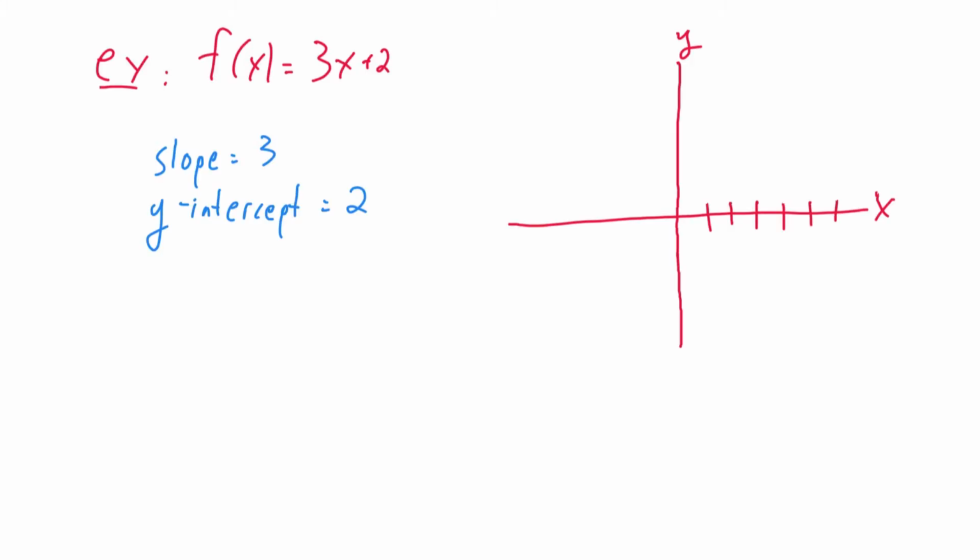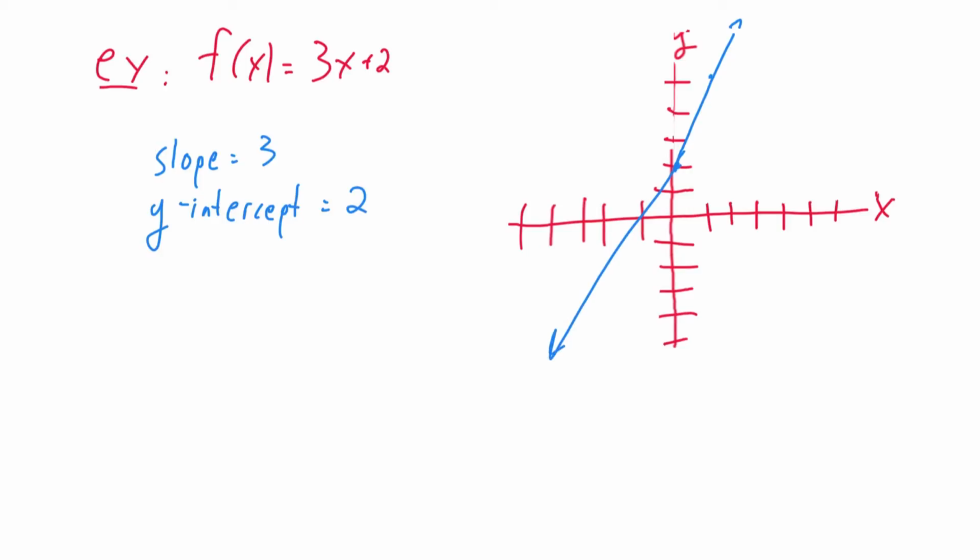Make some hash marks. Okay, so I know that I hit this point here, and my slope is 3. So the sketch should be somehow straighter than this, but it's more or less like this.